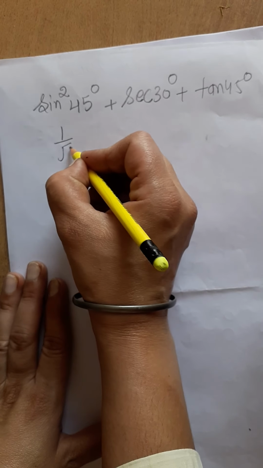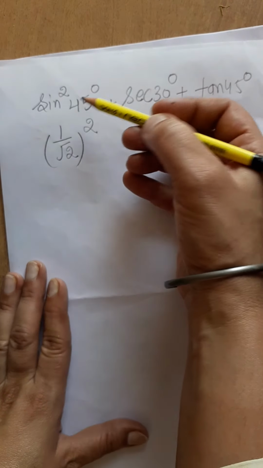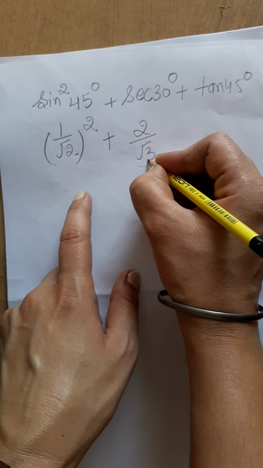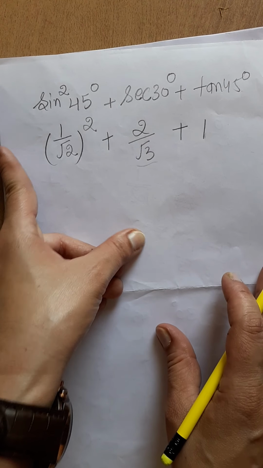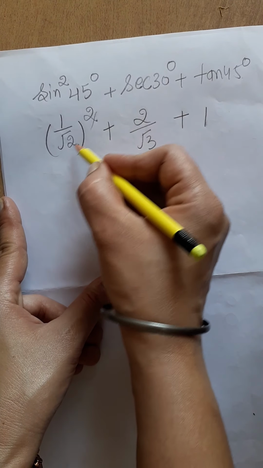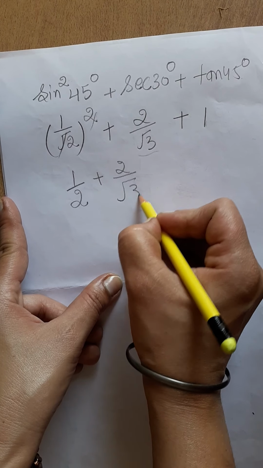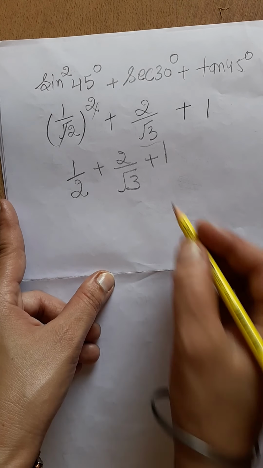We can write here 1 by root 2, and because it is sine square, we put the square here. Whatever the power is, for example if the power is 3 you put 3, if it is 2 you put 2; whatever the power is, use the same. After that, the value of secant 30 is 2 by root 3 and the value of tan 45 is 1. Now, by solving it, by cancelling the square root, we get 1 by 2 plus 2 by root 3 plus 1. You can take LCM of these digits.